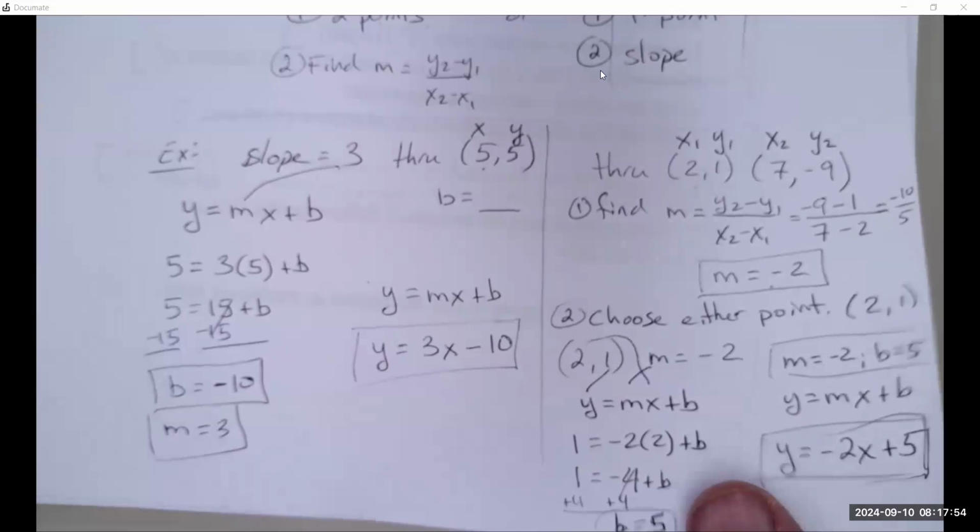Finished. Real quick, let's look at this. This is the slope that's given. The parallel slope and the perpendicular slope. So I'm going to give you the slope. You tell me the slope that's parallel to it and the perpendicular slope. Don't yell it out just yet. We're going to do all four of them first, and then we'll go through them.